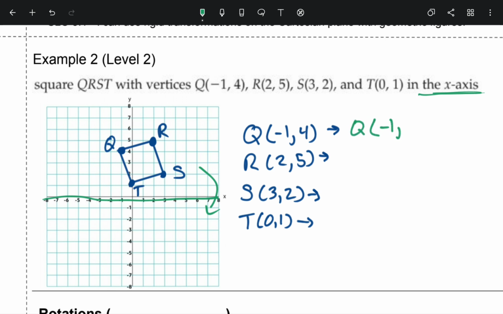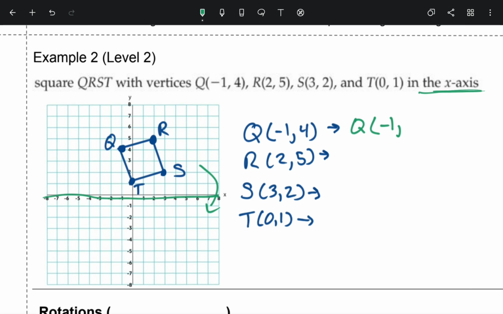So -1 is our x in Q, we'll keep that the same, but the positive 4 is going to become a negative 4. And that is going to be at (-1, -4) right here. That is our image of Q.